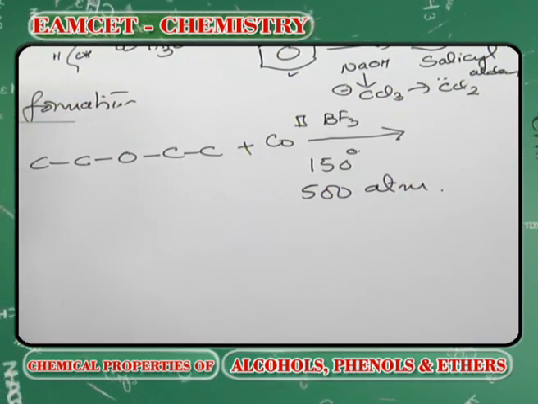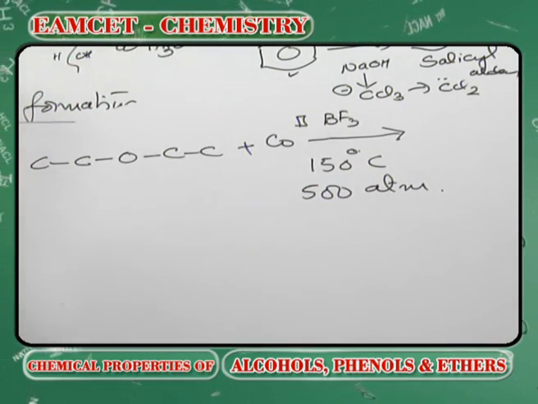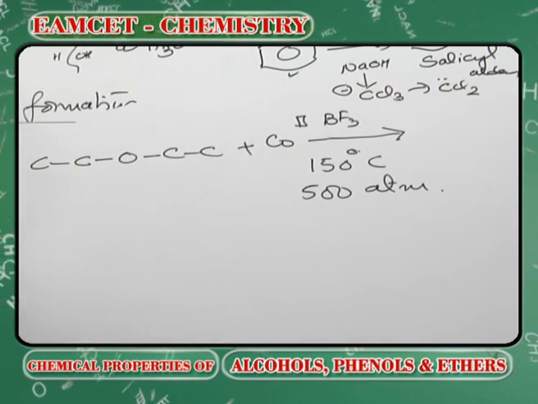We have normal pressure at 1 atmosphere. This heat is not that difficult, 150 you can maintain, but 500 atmospheric pressure is very high.